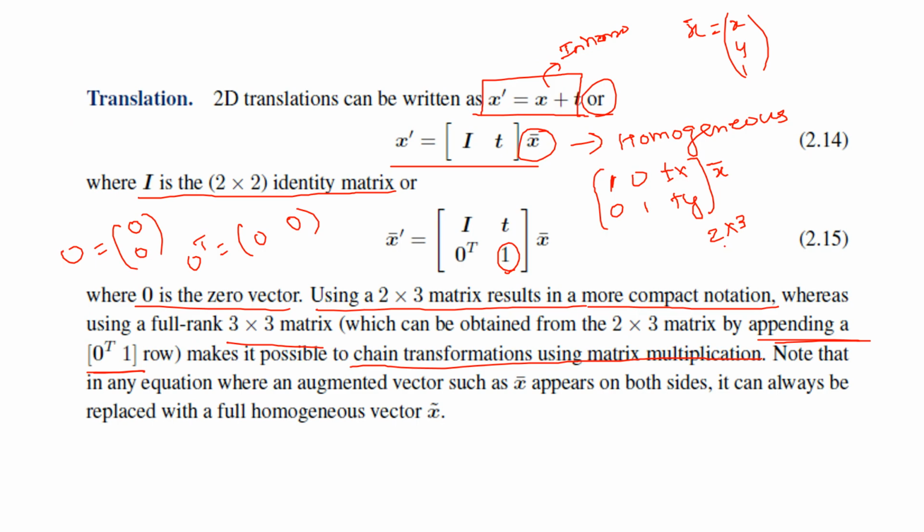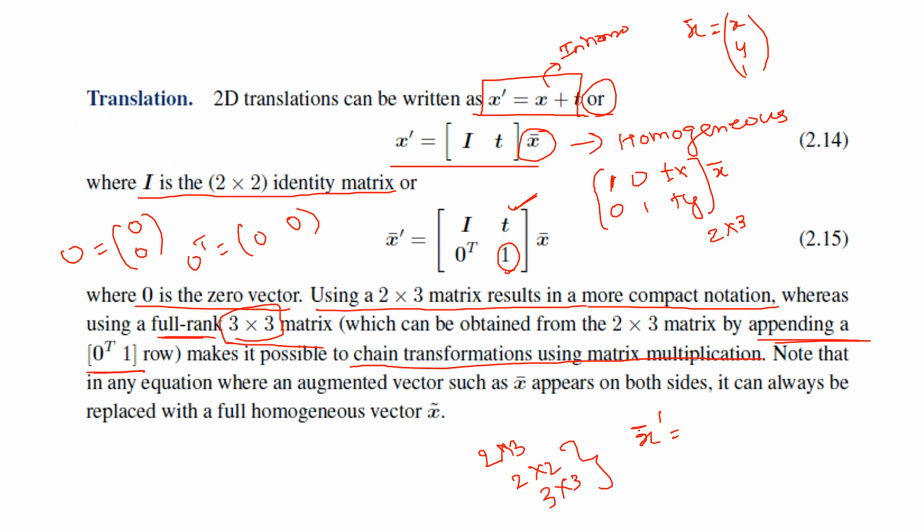If the dimension is m cross m or n cross n, that is nothing but full rank. 2 cross 3 is not full rank. 2 cross 2, 3 cross 3 is a full rank matrix. The full rank matrix will be easy to perform matrix multiplications as well as chain transformations. So we are converting 2 cross 3 to 3 cross 3.